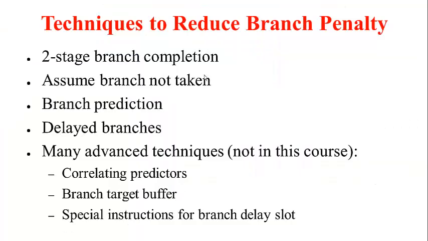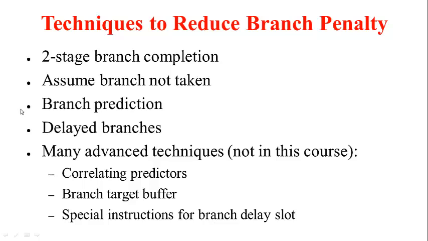So here are the techniques we have looked at to reduce the branch penalty. The first technique was to reduce the time taken for the branch completion from 3 stages to 2 stages. We found that in some cases this helped, in some cases this created other problems. The other technique was to assume that the branch is not taken. In cases when the assumption is wrong, this does not help. The next idea was to do branch prediction.